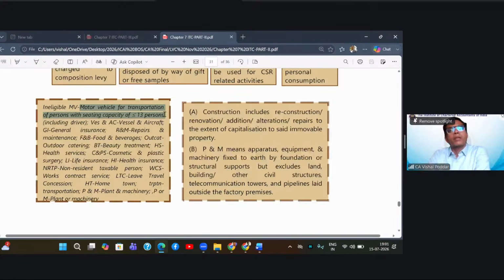Only then the motor vehicle will be ineligible for ITC. However, we have seen the exception where I am in the business of selling the motor vehicle, giving it on rent for transportation of passengers, or I'm doing motor driving training, then even this motor vehicle will be allowed. Otherwise, this one category of motor vehicle will be blocked.